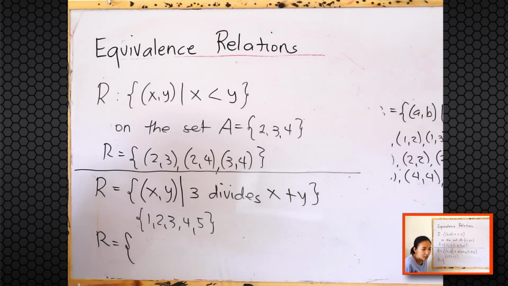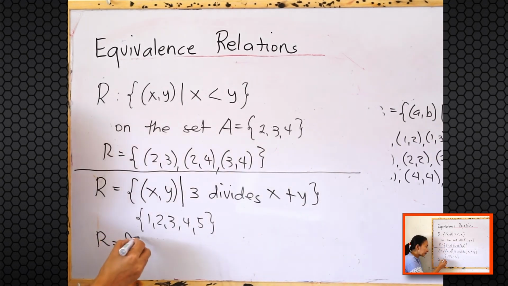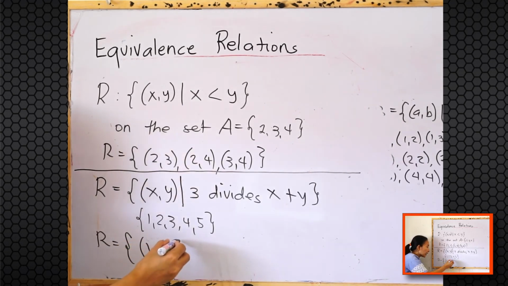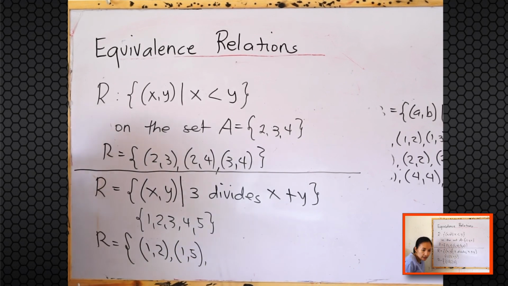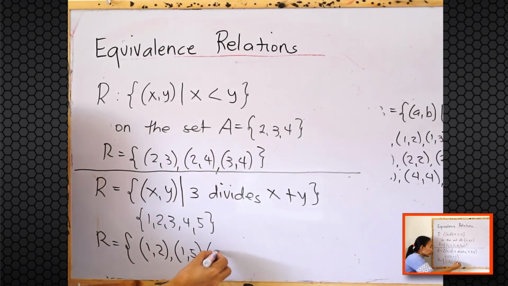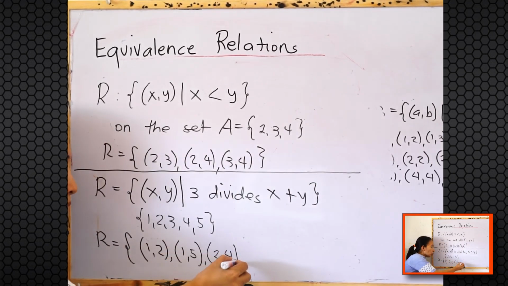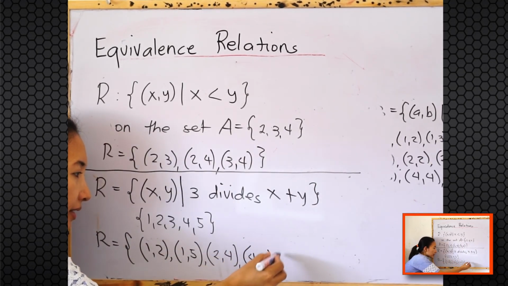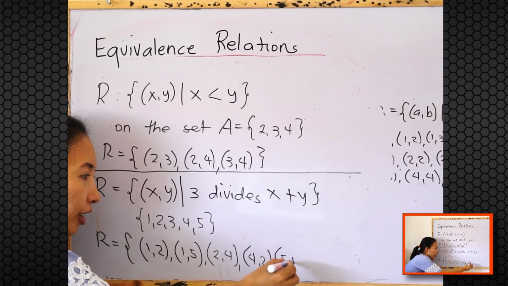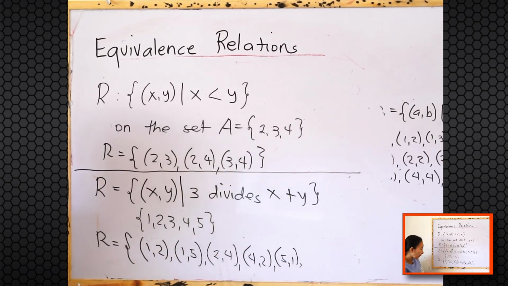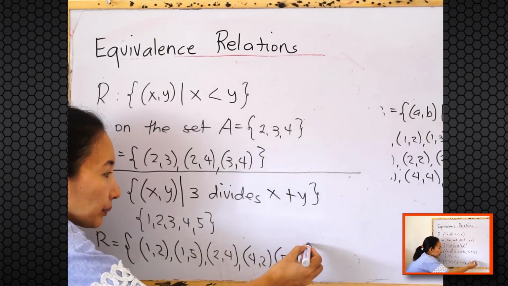3 divides x plus y. What are they? Okay, (1,2). What else? (1,5). What else? (2,4). Anything else? (4,2). What else? (5,1). Correct? What else? (2,1).